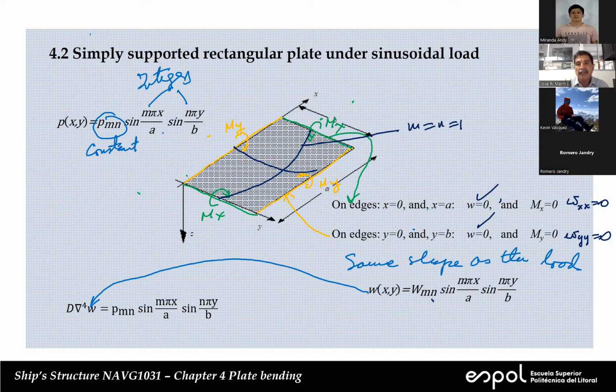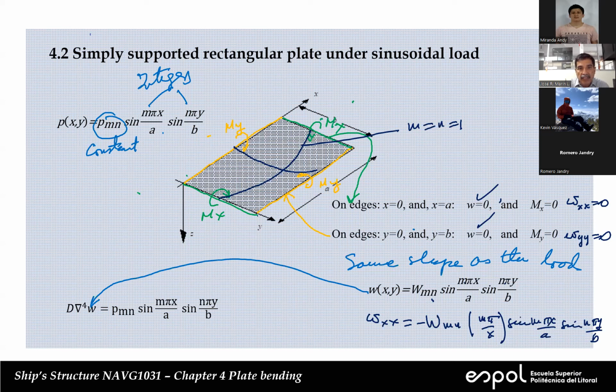Now if we differentiate this expression twice, we're going to have minus wmn m pi over a squared, and then we get the same sine m pi x over a sine n pi y over b.